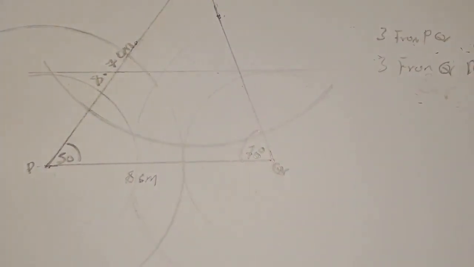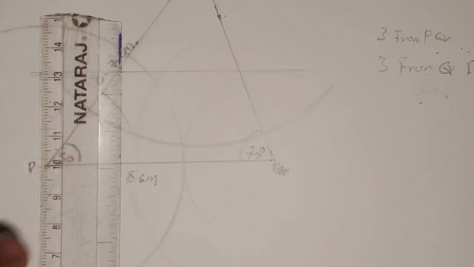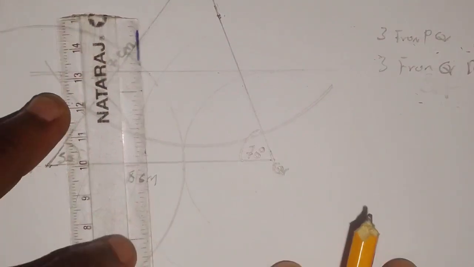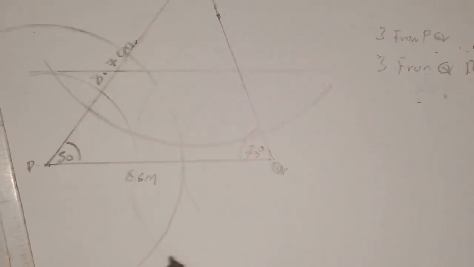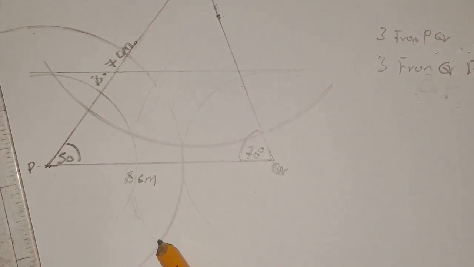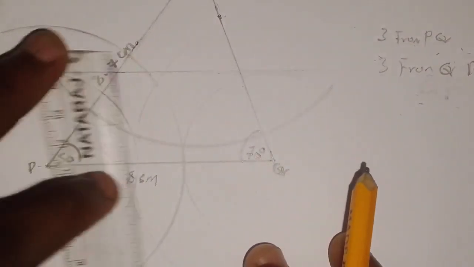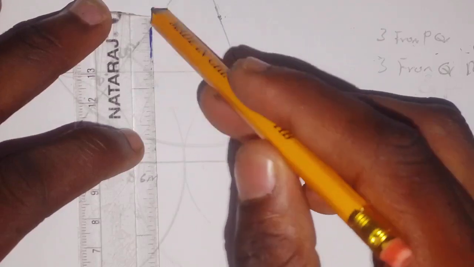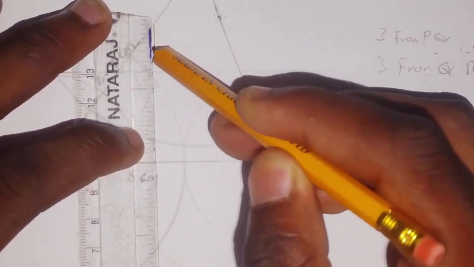You make a line passing through the center where the marks were meeting. So they were meeting here, and here. So you make a line passing at the middle of this axis where they were meeting.